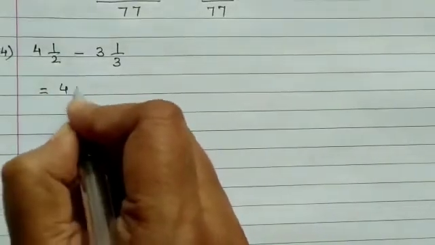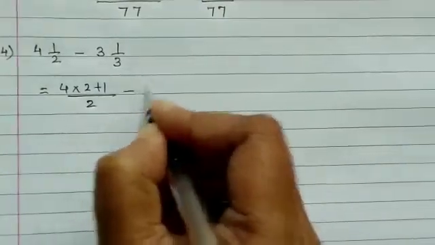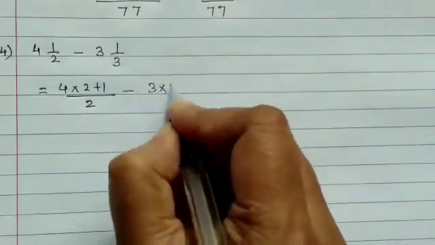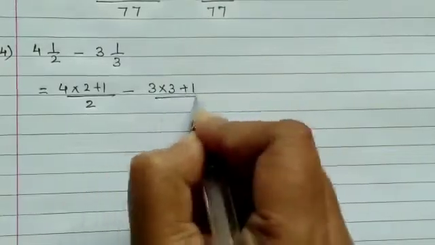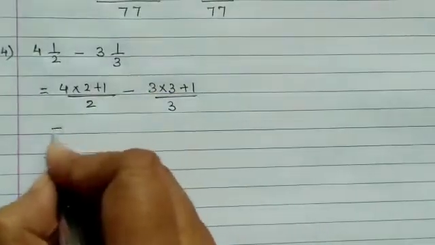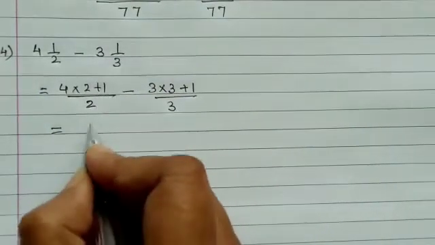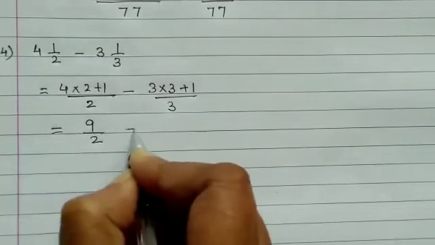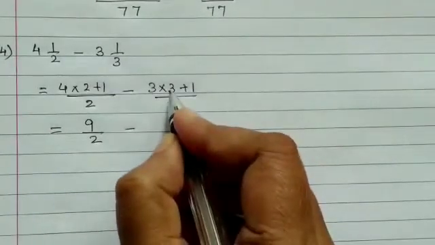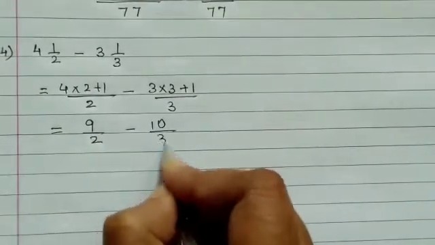So you get 4 multiplied by 2 plus 1 upon 2 minus 3 multiplied by 3 plus 1 upon 3. You have to multiply in this manner. So you get 4 multiplied by 2 is 8, 8 plus 1, 9. So you get 9 upon 2 minus 3 3s are 9 plus 1 is 10. So you get 10 upon 3.